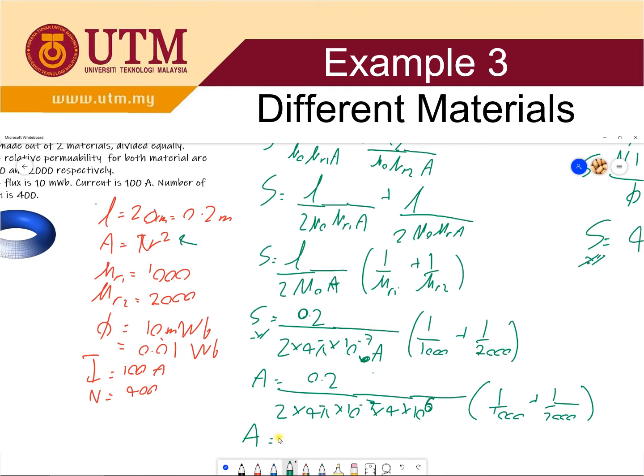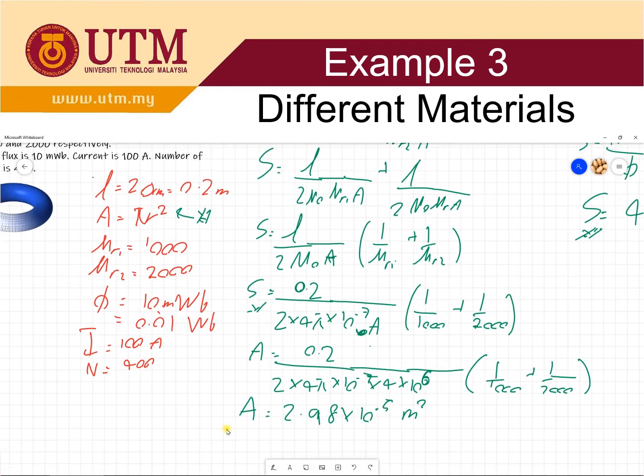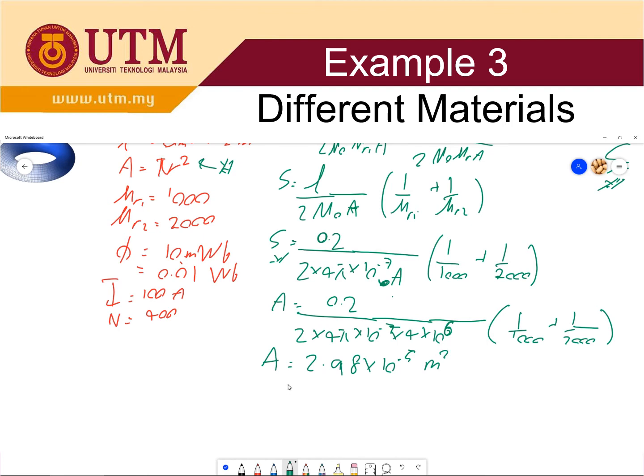So the area is 2.98 multiplied by 10 negative 5 meter squared. Again, you use this formula to get the radius, because the question asks you to get the radius. So R equals the square root of A divided by pi. Is it correct?